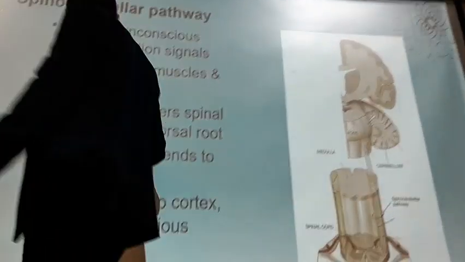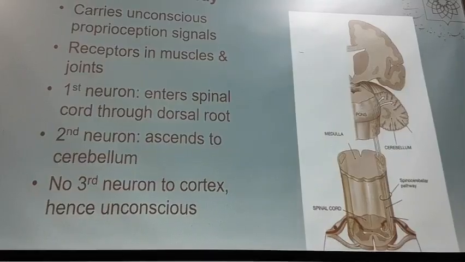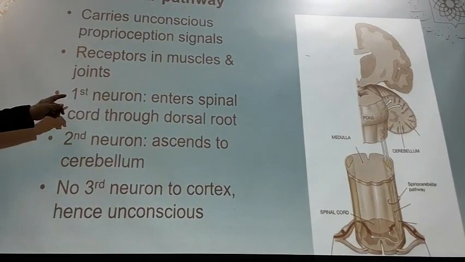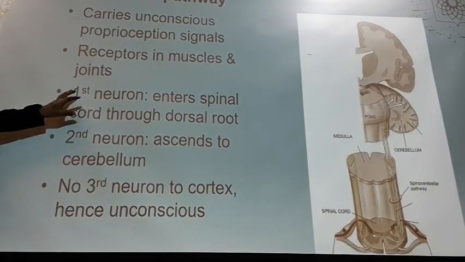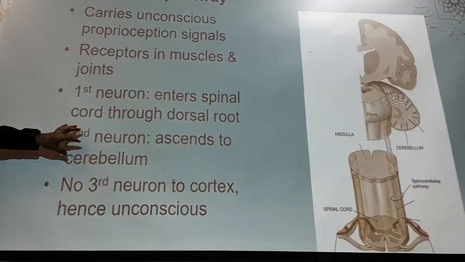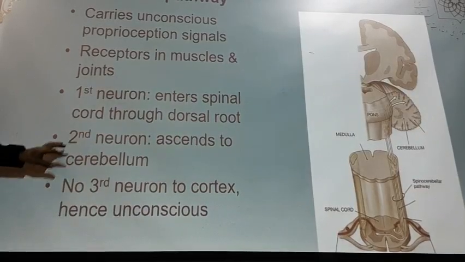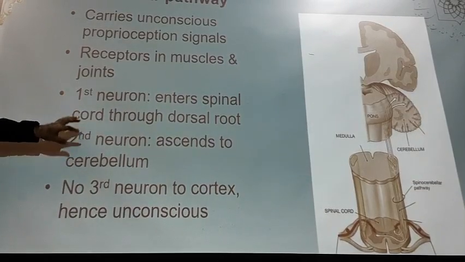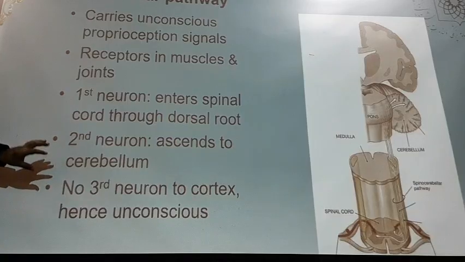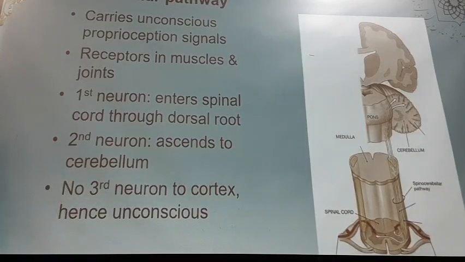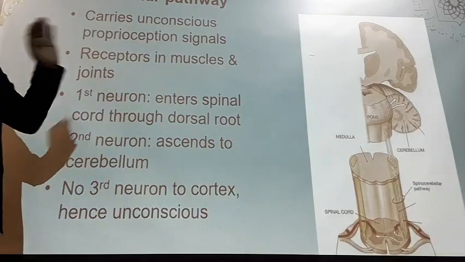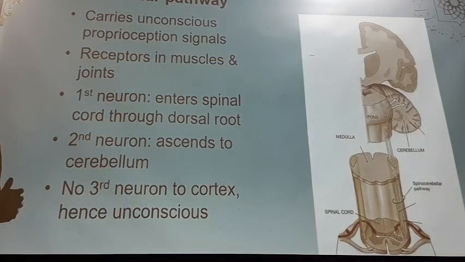Second order neuron ascends to the cerebellum after the synapse with the first order neuron, and third order neuron will be sent from the cerebellum into the cortex if it is needed. It is not complete, but if it is needed.